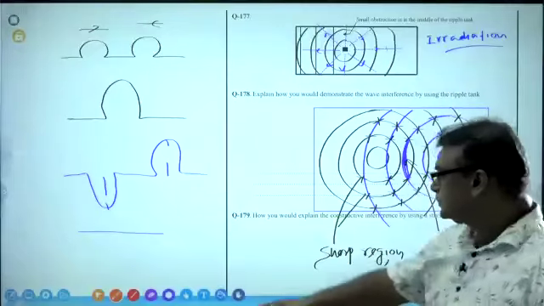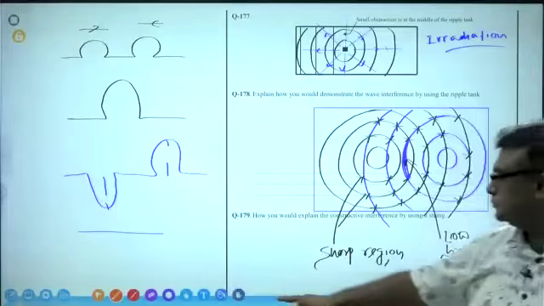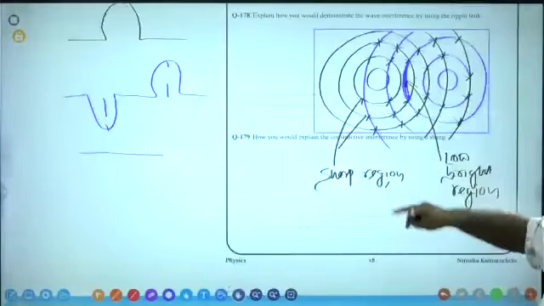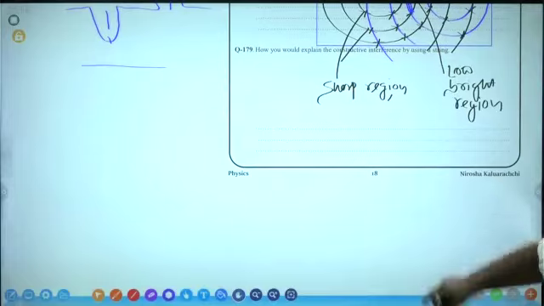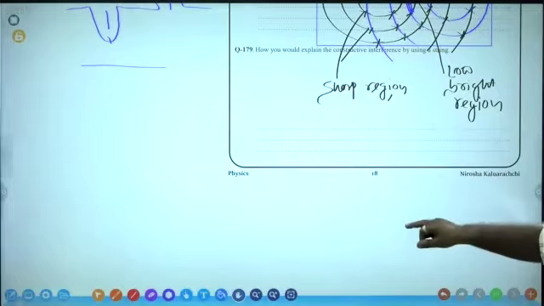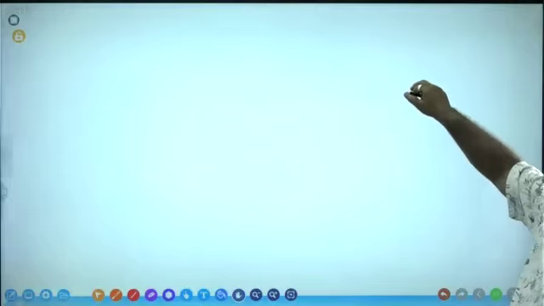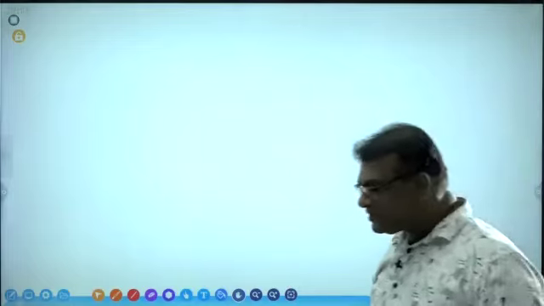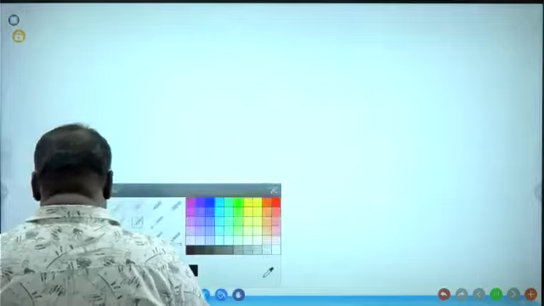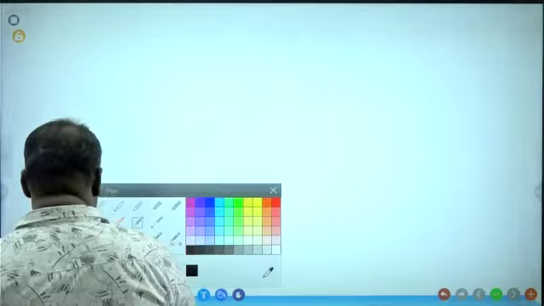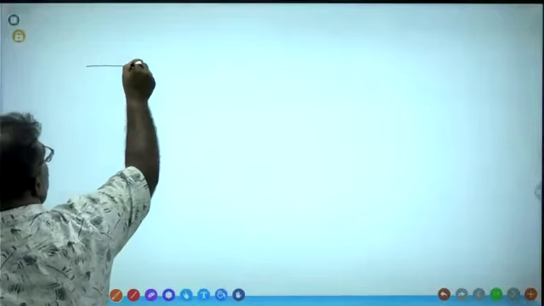Okay, next. How would you explain constructive interference by using a string? We can show it like this. Here we have a stretched string.